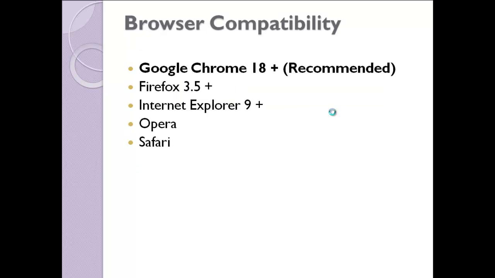And for browser compatibility, I recommend using Google Chrome 18 plus, because the rendering mechanism works perfectly only in Google Chrome; Firefox, Internet Explorer, Opera and Safari are partially supported.